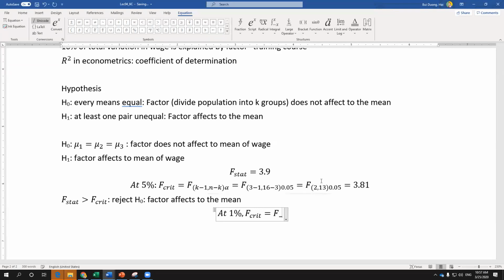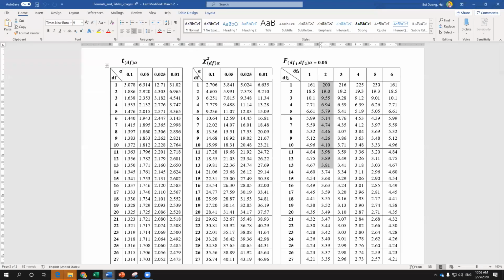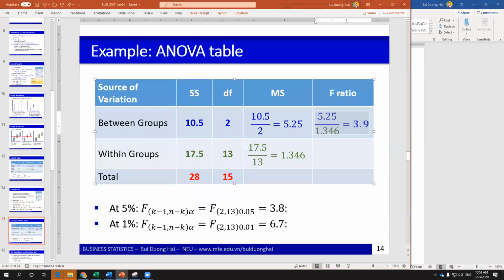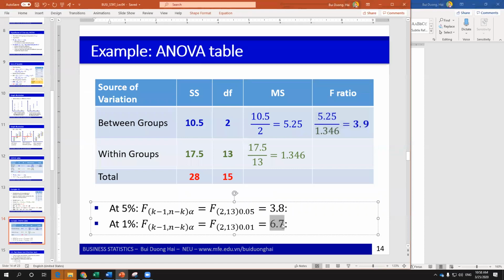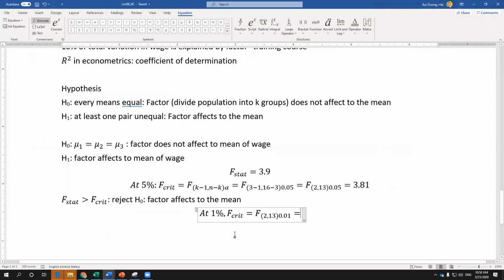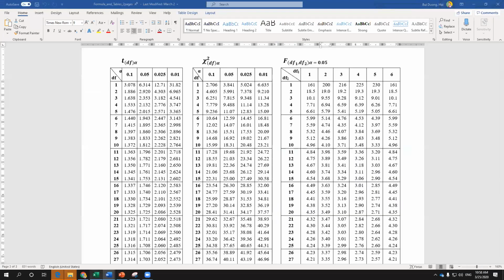Equal to F of 2, 13, 0.01. I don't give you here, but there is one value in my slide, 6.7. Or you can use my Microsoft Excel. Open the Microsoft Excel later. You can read it by Microsoft Excel.